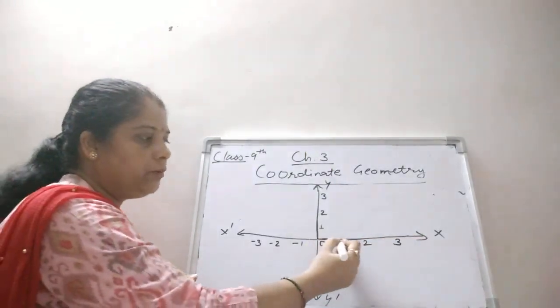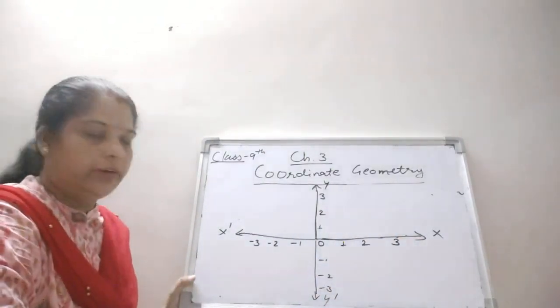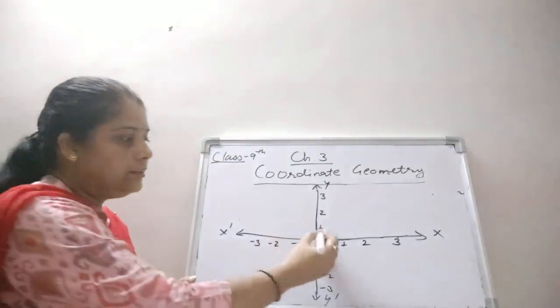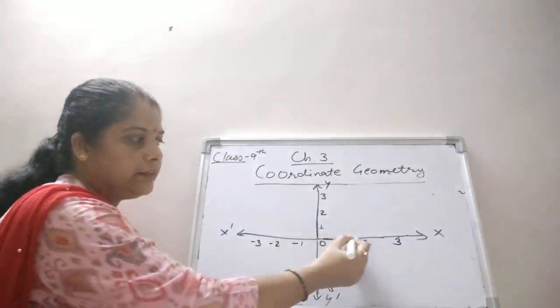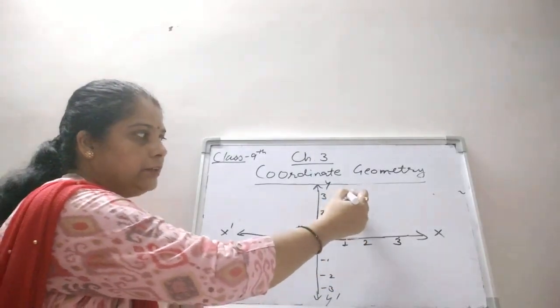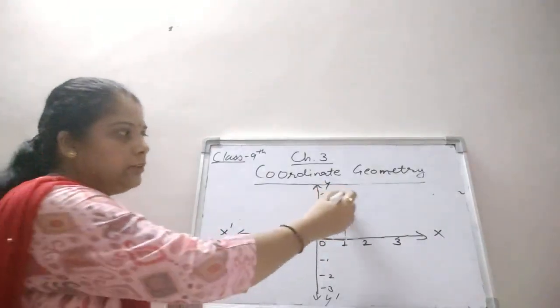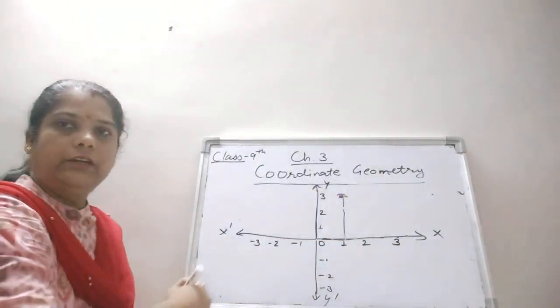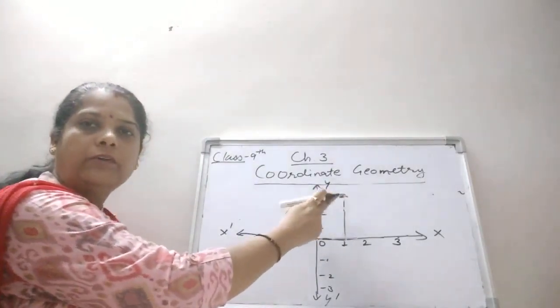So the distance of a point from the y-axis is known as the x-coordinate and the distance of a point from the x-axis, ये x-axis है आपका, यहाँ से अगर आप कोई point locate करते हो यहाँ पर इस जगह पर, तो ये जो distance from the x-axis है, that is called the y-coordinate. Distance of a point from the x-axis is called the y-coordinate.